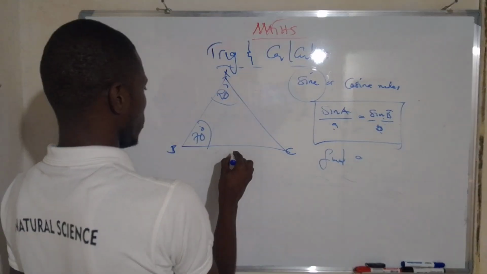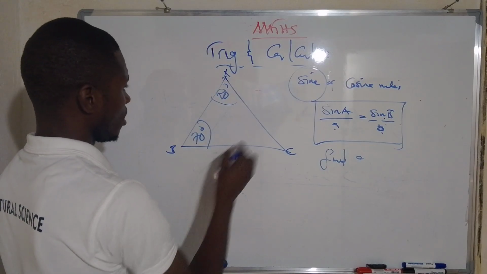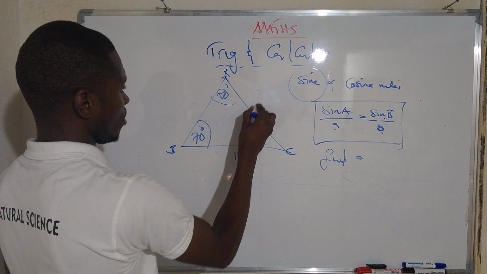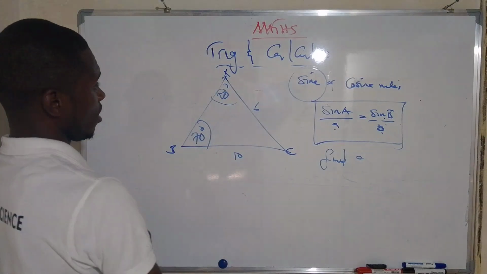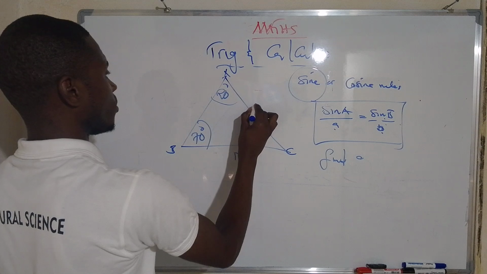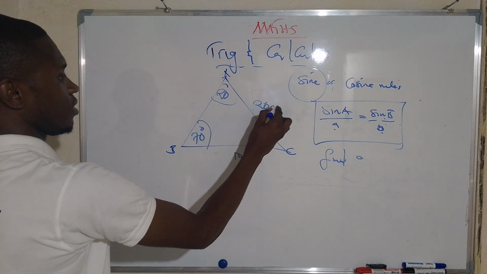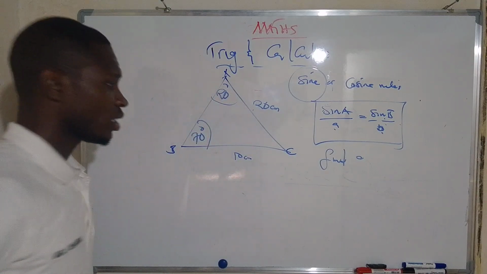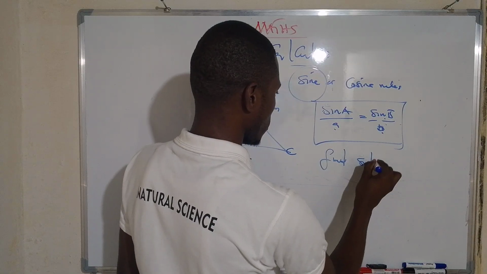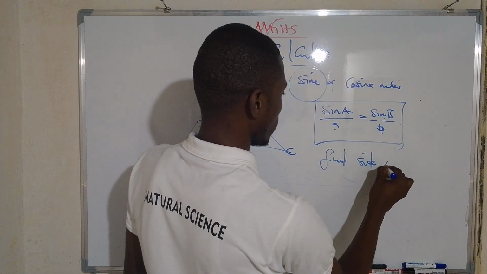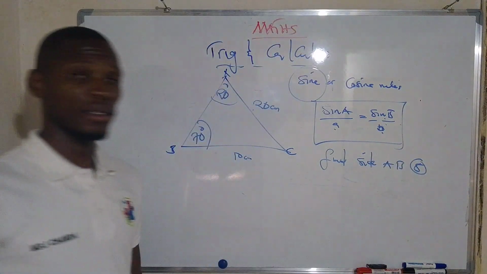Then let me put 10, then 6 here. Also 70, and I'll also put 20 here, 20 centimeters, 10 centimeters. So now look at this question. They'll say find side AB. Then they give you 5 marks.